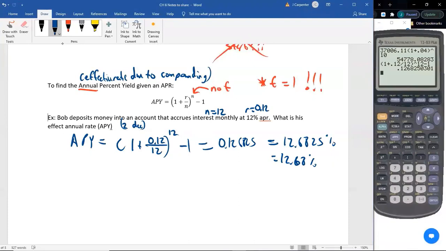So if Bob deposits $100, instead of just getting $12 for free, he's going to get $12.68 for free. Now, depositing $100, obviously that wasn't a big change, but let's say Bob deposits $100,000. That extra 0.68% can get you a few extra bucks. That's a little more significant.